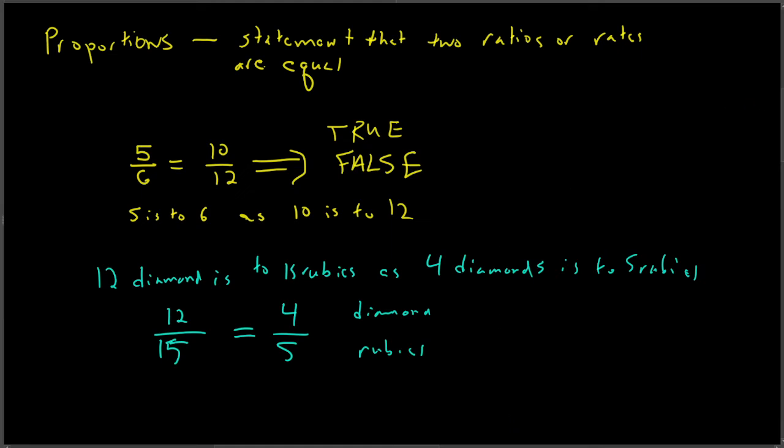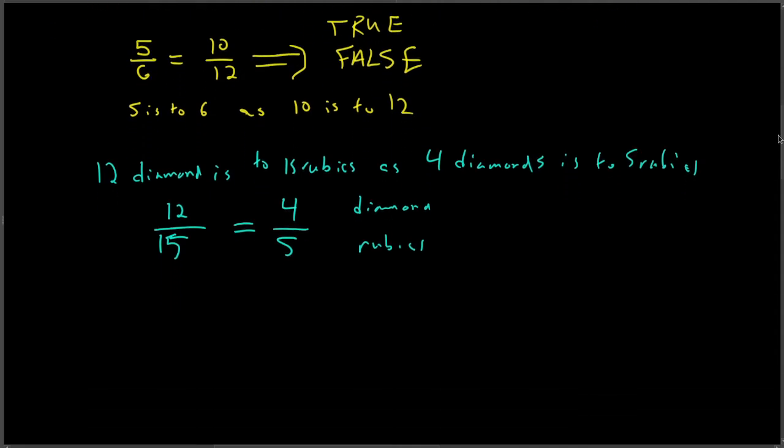Now, if we want to determine if they're true, we're going to use the idea of a cross product. If I have a proportion set like this, cross products come from the idea that if I want to clear this denominator, I multiply this side by b.